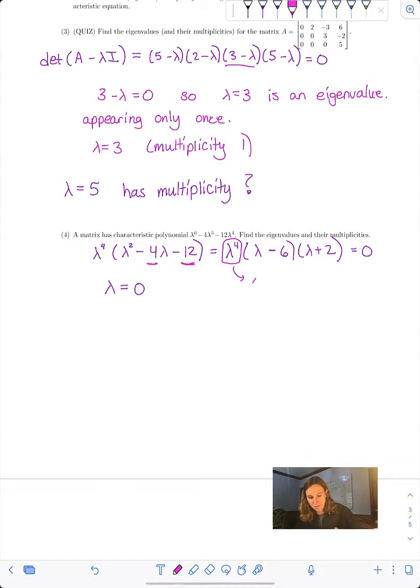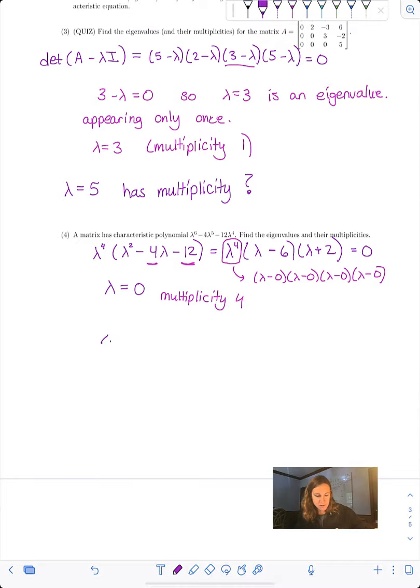And that lambda to the 4th, really what you want to think about that as is lambda minus 0 times lambda minus 0 times lambda minus 0 times lambda minus 0. So that's that eigenvalue 0 showing up 4 times, so it has multiplicity 4.